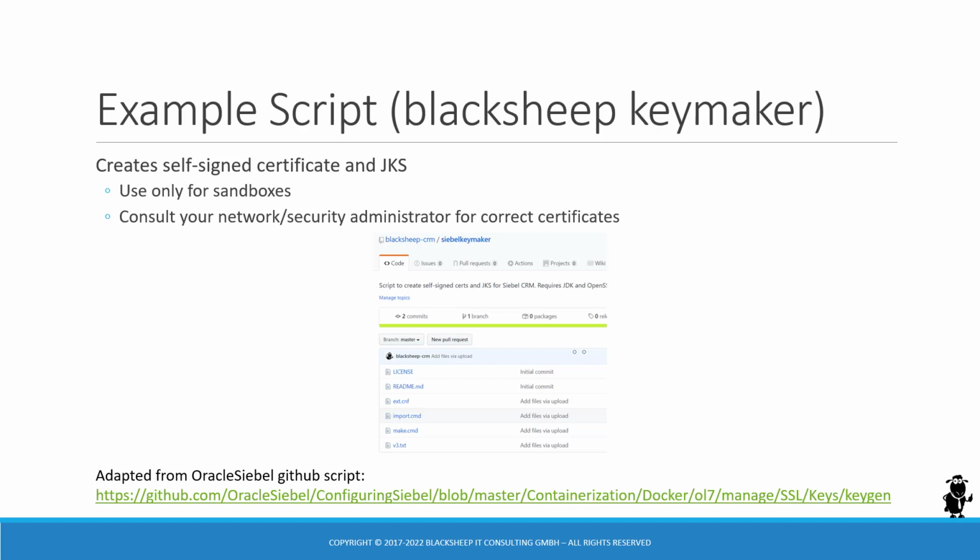But even without Docker, you can run these commands. And the blacksheep repository mentioned in this slide has a Siebel keymaker script, which is based on the information from Oracle and is optimized for running on Microsoft Windows.